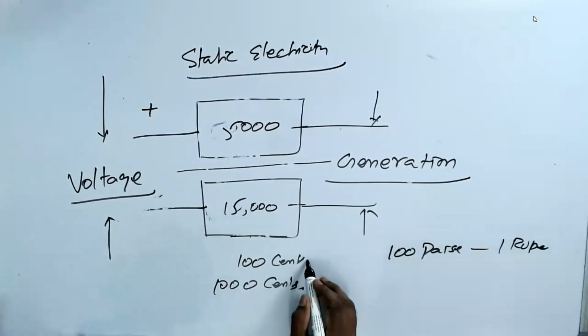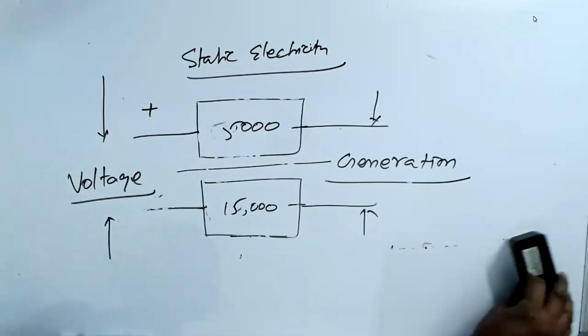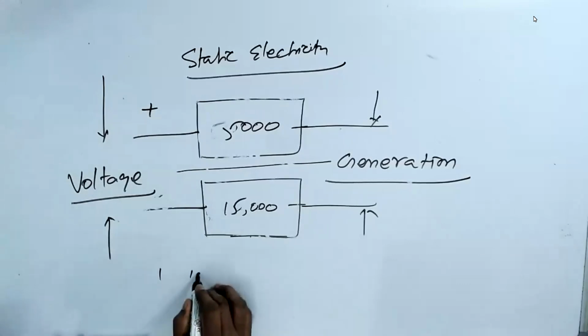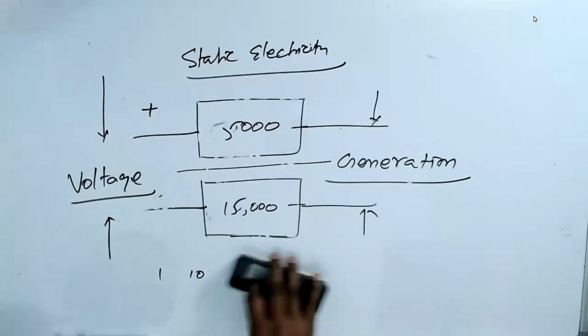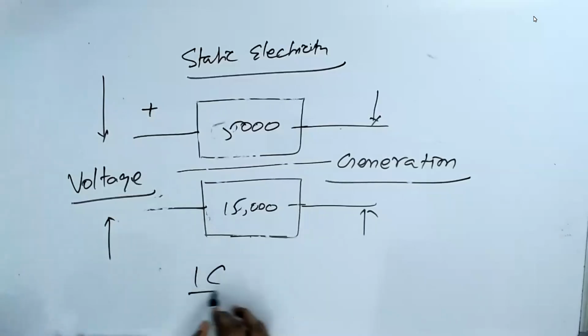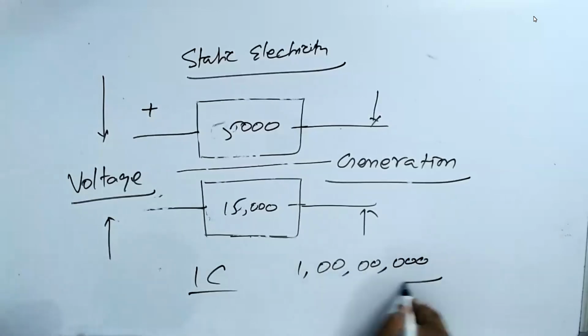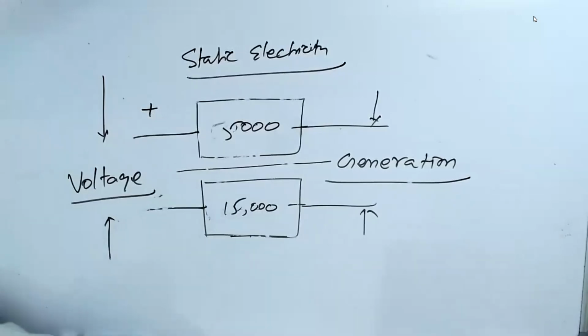Here they got 100 cents equal to $1. Am I right? Because it is easy to remember. Like we have 1, 10, 100, 1,000, lakh, crore, everything like that. We say 1 crore. We don't write 1 followed by 7 zeros. It's a short form of representation. So the same way they did here.